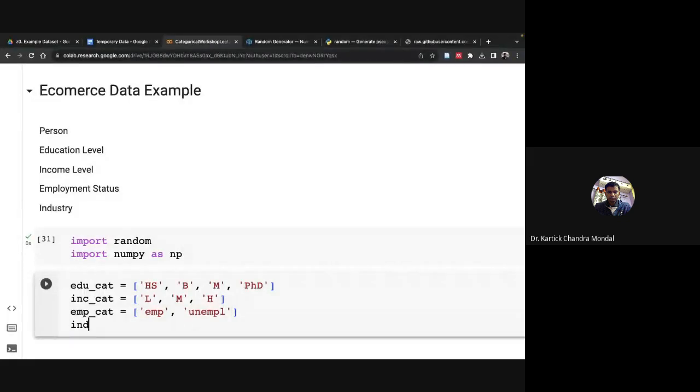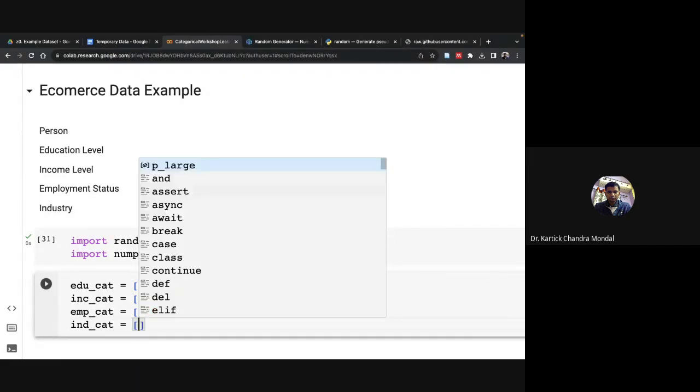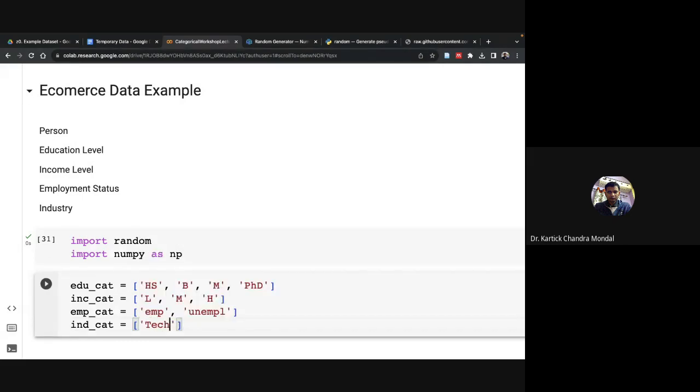Then the industry, INCAT, is a technological industry, healthcare industry, finance industry, education industry, manufacturing industry, agricultural industry.